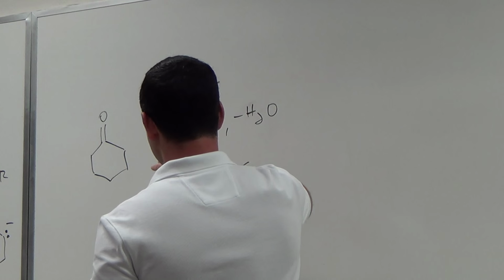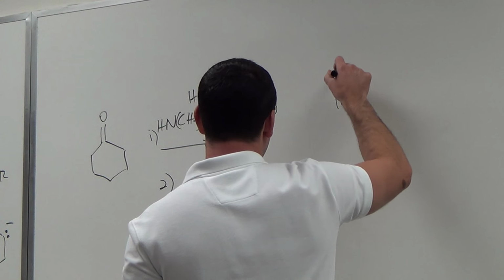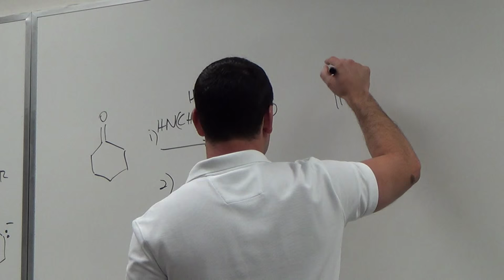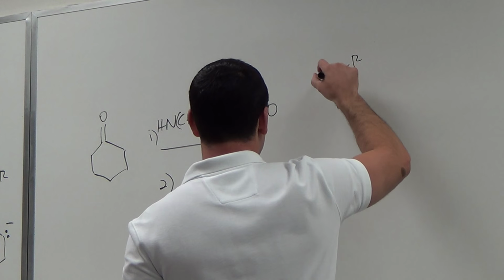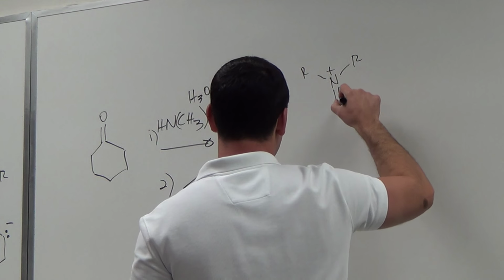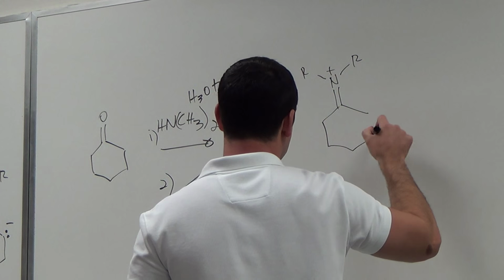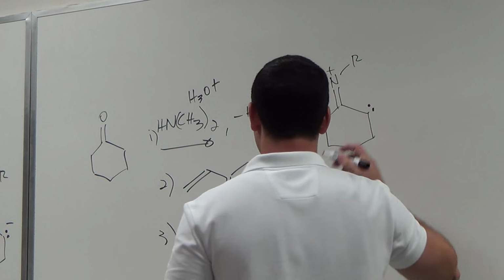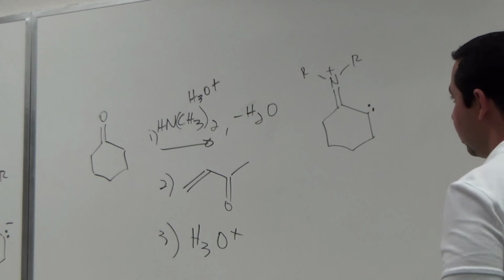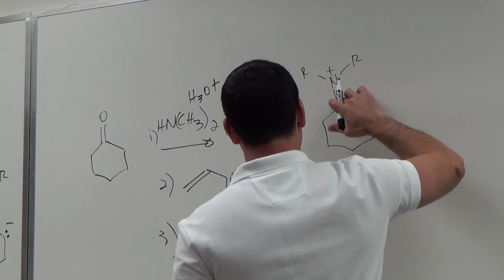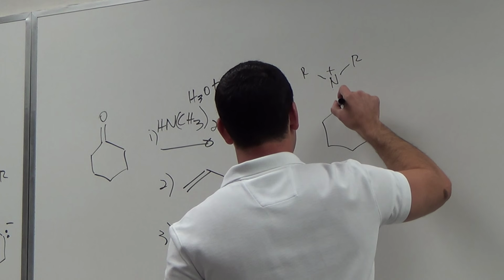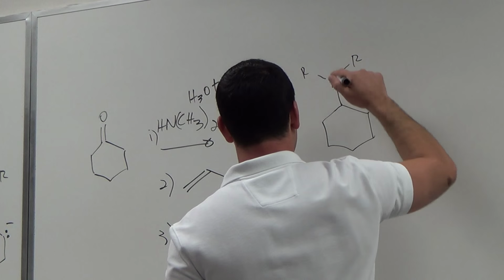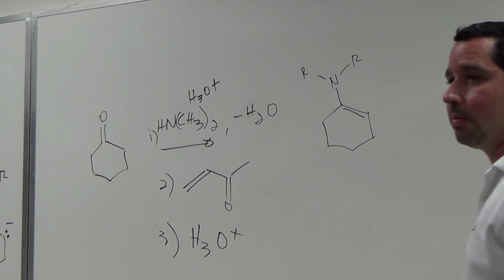And when it gets lost as water, what you are going to form is this, which is not a good resonance structure. The one that we have is this one, with the double bond here.